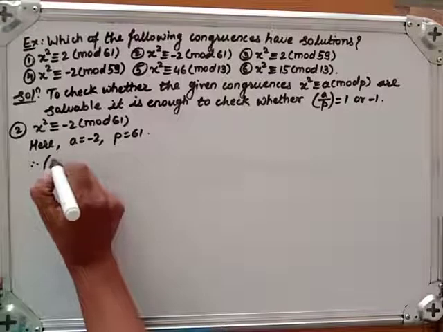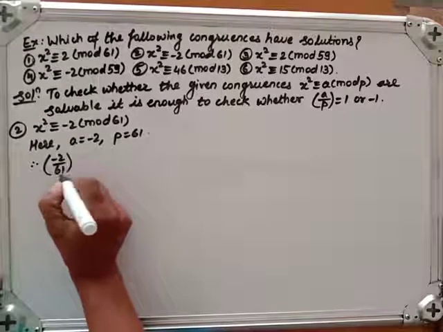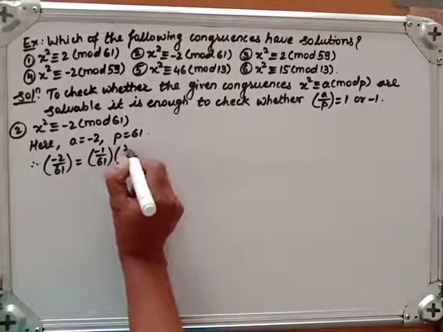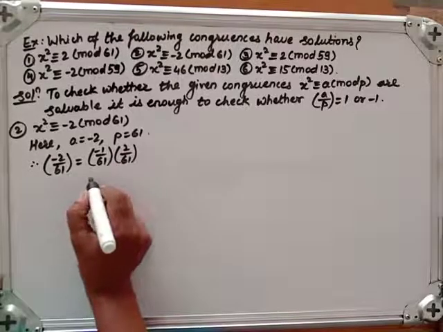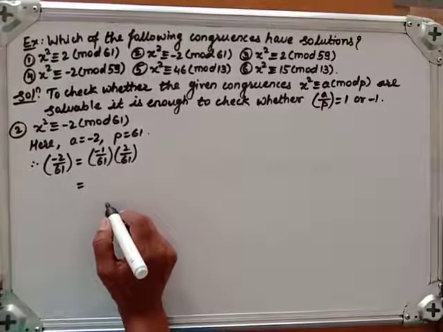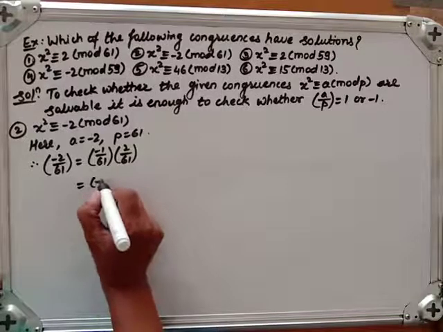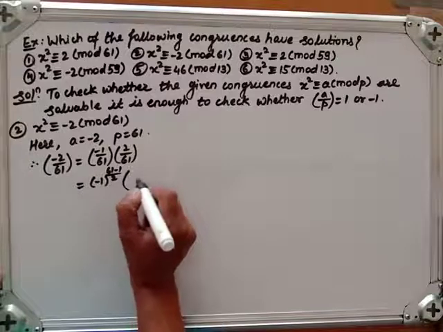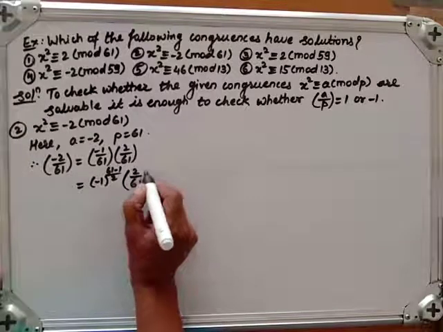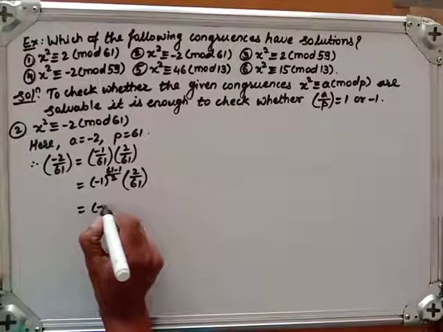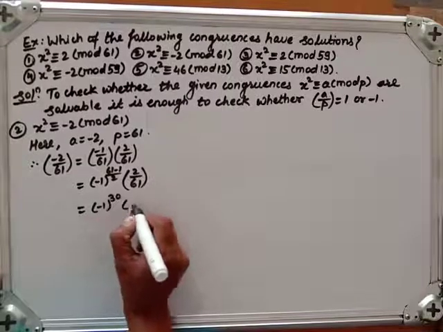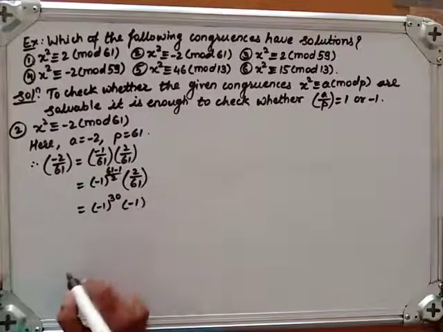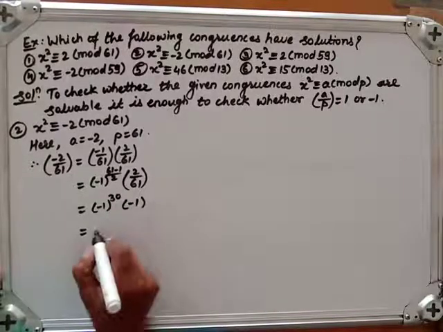Therefore, the Legendre symbol of -2 by 61 is equal to -1 by 61 into 2 by 61. Now -1 by 61 has the property that it equals -1 raised to (61 minus 1) upon 2, into the Legendre symbol of 2 by 61. Now this is -1 raised to 30. We have seen in the previous question that the Legendre symbol of 2 over 61 is -1. So this product will be -1.